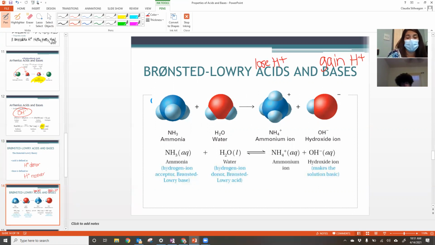NH3, when it went to NH4, it gained a hydrogen. Whereas when you look at H2O, it became OH. So when it did that, it lost a hydrogen.